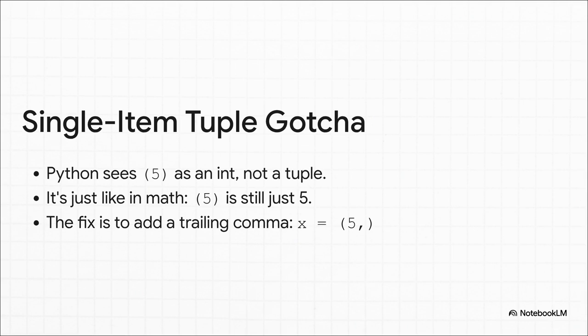In math, we use parentheses for order of operations, and Python respects that, so it just sees the number 5. If you want to tell Python, hey, I'm serious, this is a tuple that just happens to have one item, you have to add a trailing comma. It looks a little funny, but that little comma makes all the difference. So, x equals (5,) is a tuple. x equals (5) is just an integer.